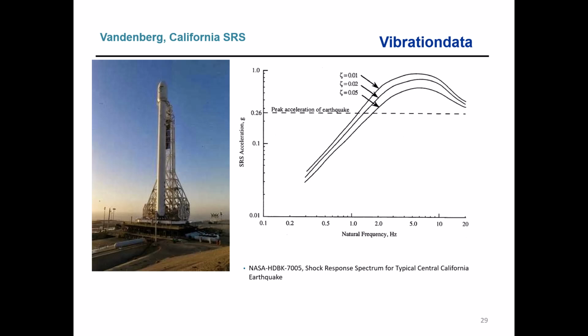Let's think back to El Centro. El Centro was about 0.35 g peak ground acceleration. Here at Vandenberg, it's 0.26. Now, I'm going to make an interpretation: I think whoever created these curves was thinking that an El Centro class earthquake may happen at this point on the San Andreas Fault, which is about 35 to 40 miles away from Vandenberg.